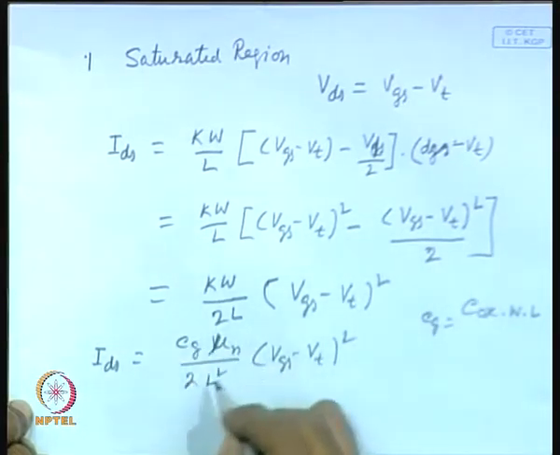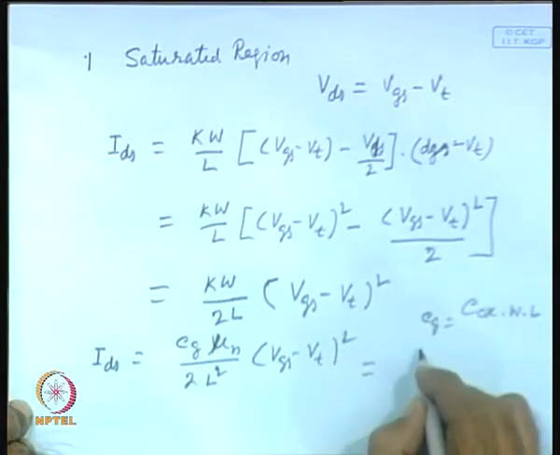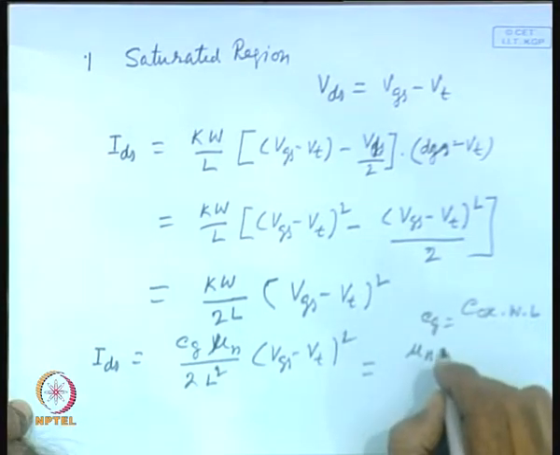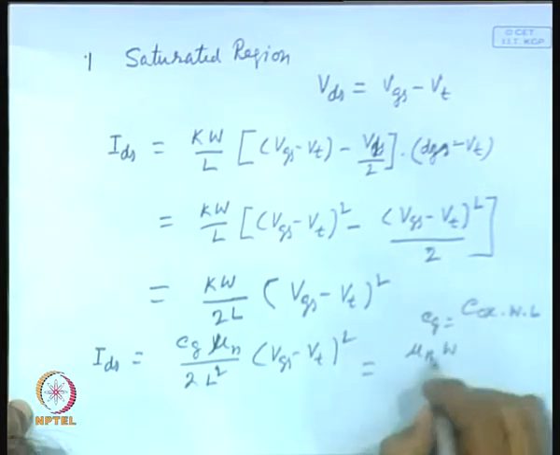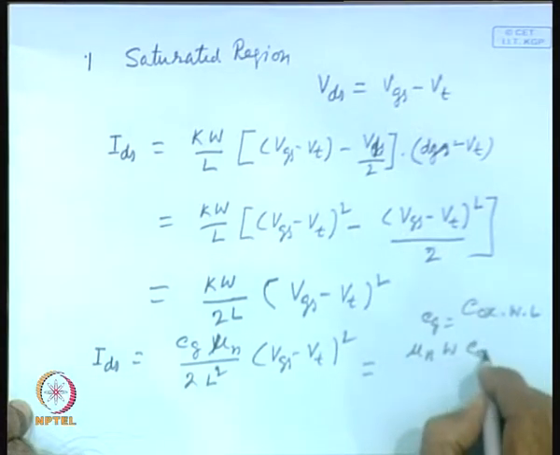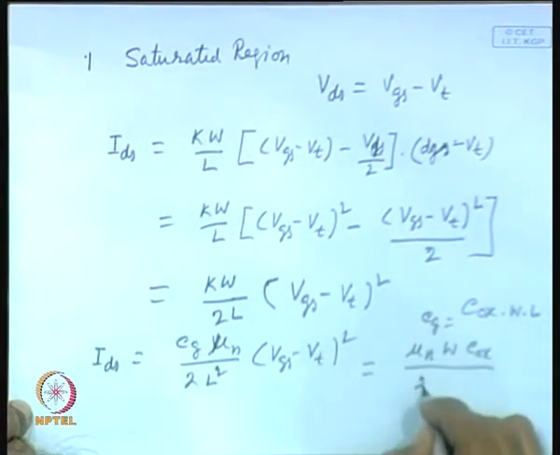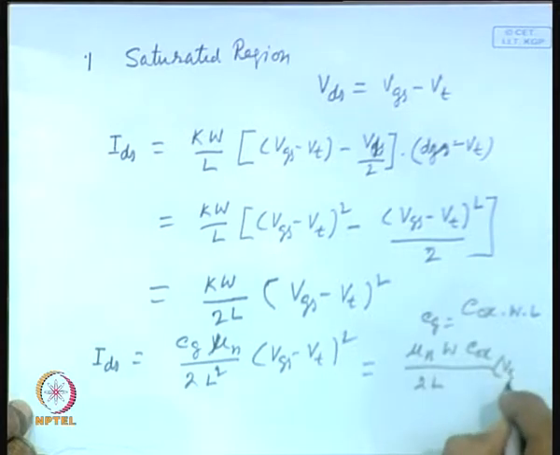If we substitute it here, we can write it in this way, this L will become L square, this L will cancel out. So, it will be mu n, then W will be there, and it will be COX by 2 into L, and here it will be VGS minus VT square.